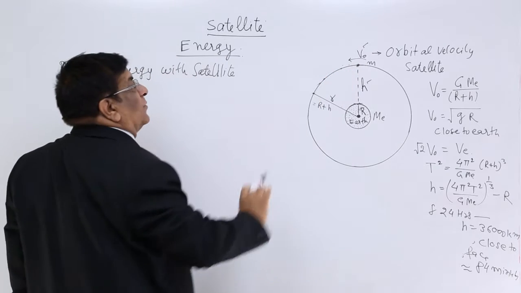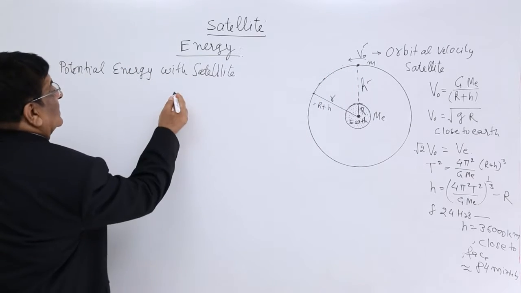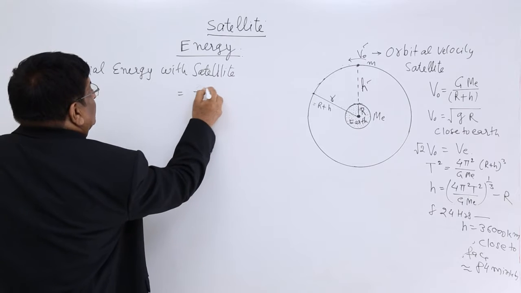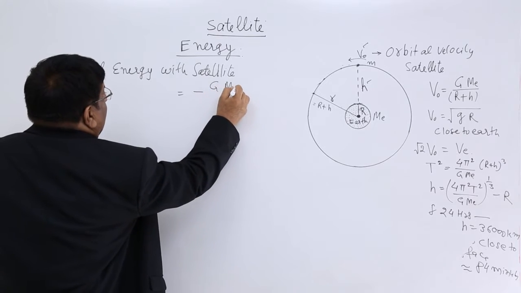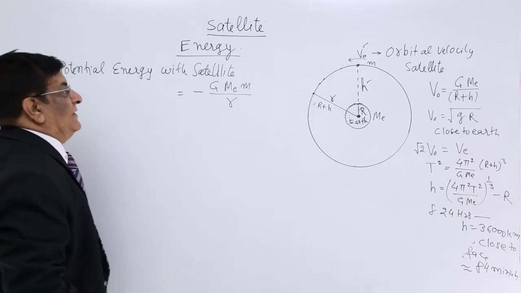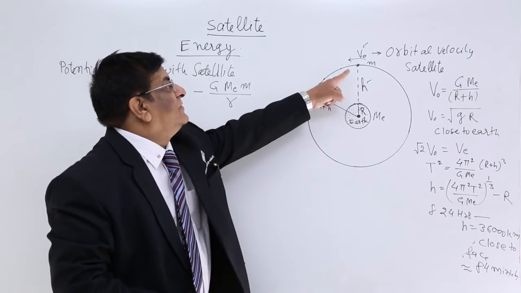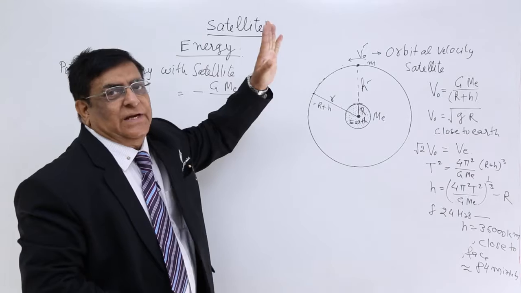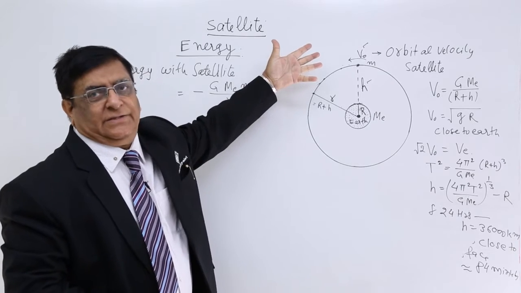We know the potential energy of this system is equal to minus G M m upon r. This we have already done. So this is the potential energy of the satellite with respect to earth.